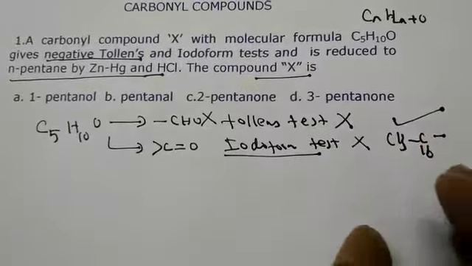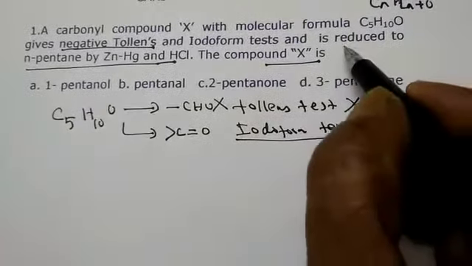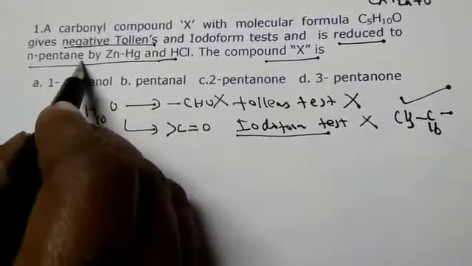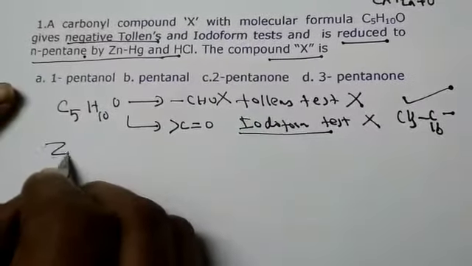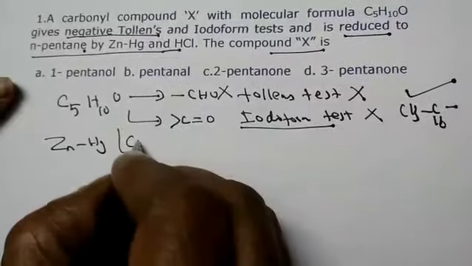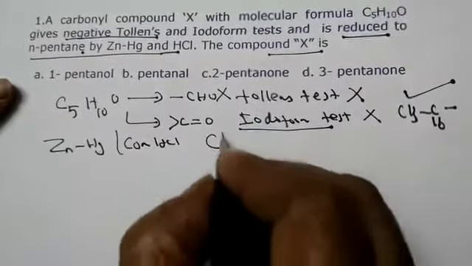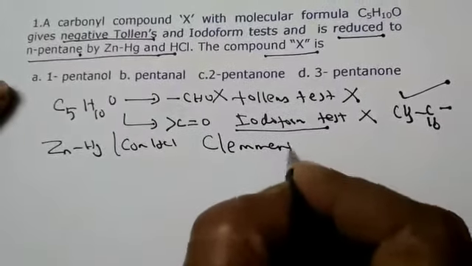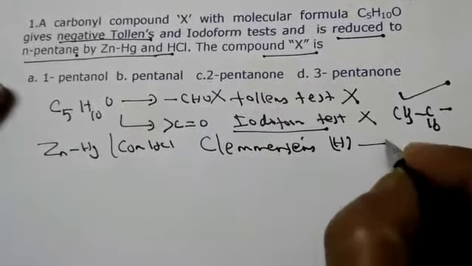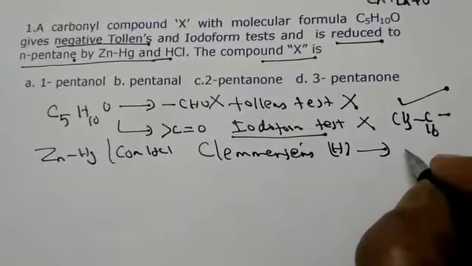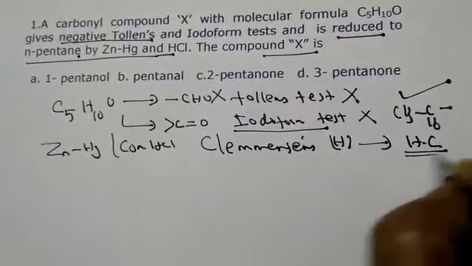And the final one is that it is reduced to n-pentane by zinc amalgam and HCl. Zinc amalgam and conc. HCl is nothing but the Clemmensen reduction. So what it indicates is that the carbonyl carbon is reduced into the hydrocarbon.